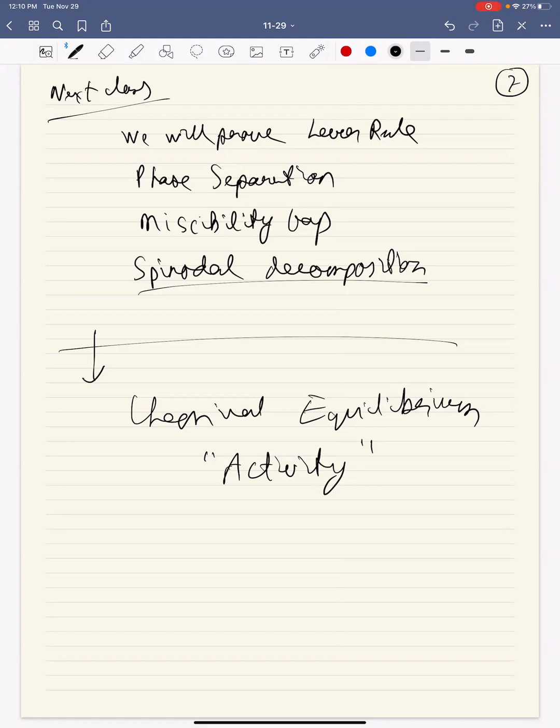Not all thermodynamic functions have natural variables. Where did we get natural variables from? The idea was we talk about S of NVE, that is our ground truth in this class, right? Everything starts from there. S of NVE is thermodynamically complete. It knows everything you want to know. And when you Legendre transform into some other function, information is not lost. This is like doing a Fourier transform. You can look at a function in real space and you can look at its Fourier transform. They carry the same information.